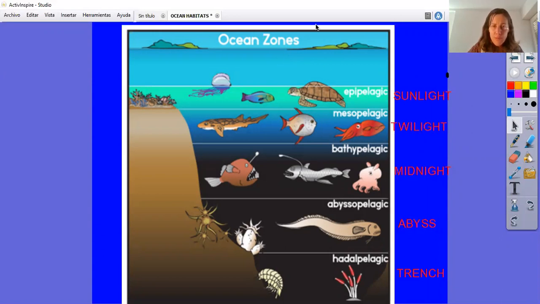This is the ocean that we know. And then we have, this is the sunlight zone. Then we have the twilight zone, the midnight zone, the abyss, and the trench. Okay, let's find out a bit more about them.